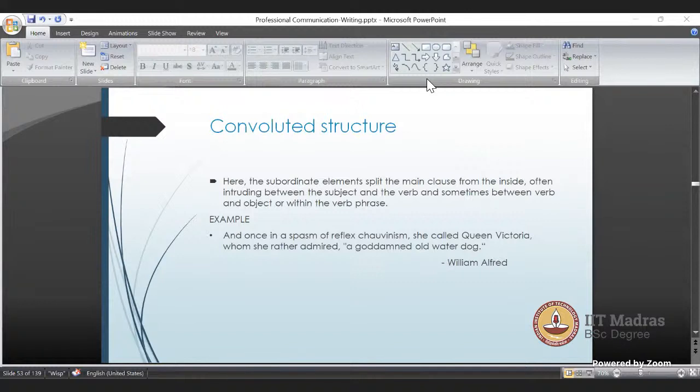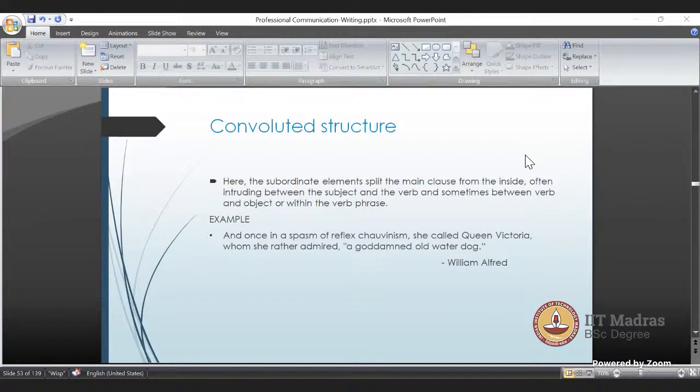Where is it breaking? Where do you find the cut? Where do you find the split? Between "whom she rather admired." Yeah, "whom she rather admired" is the intervening element. But where is the split happening?